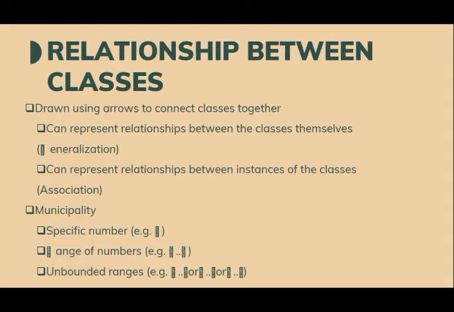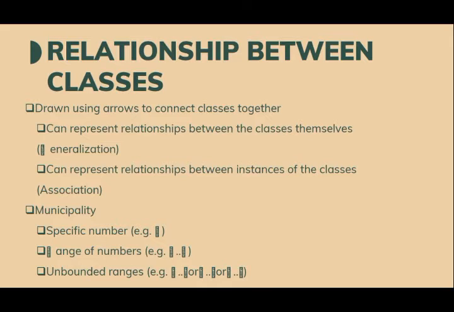So next is the relationship between classes. Relationships are drawn using arrows to connect classes together, and they have two categories. First, they can represent relationships between the classes themselves, which is generalization, and next, they can represent relationships between instances of the classes, which is association.